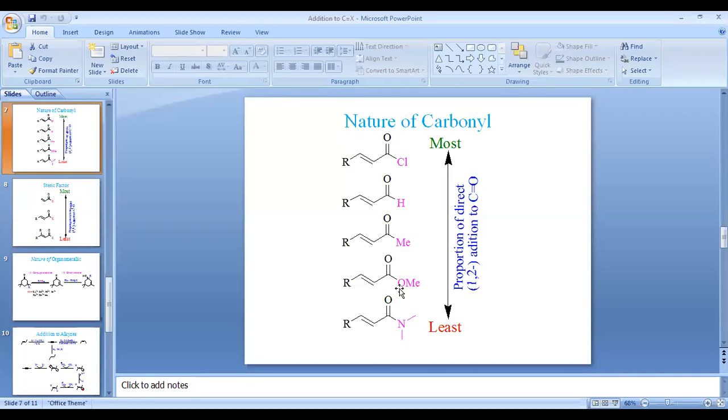If this is nitrogen, having only one non-bonding electron pair, it donates electron density even more, decreasing the electrophilicity of this carbon. So this carbon becomes more electrophilic. This is the comparison in fact.